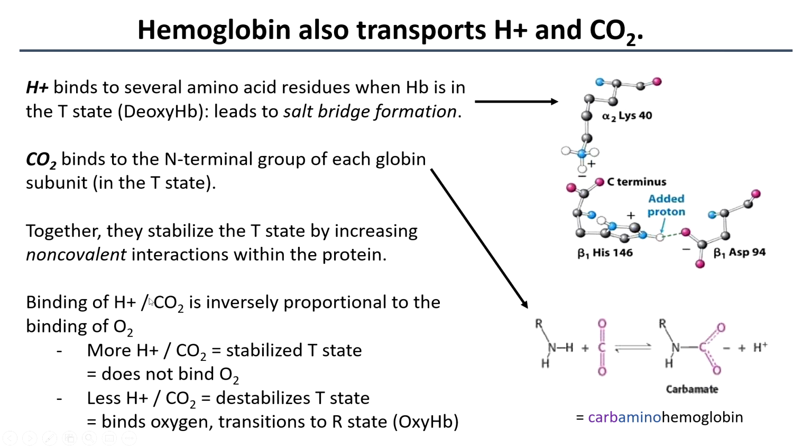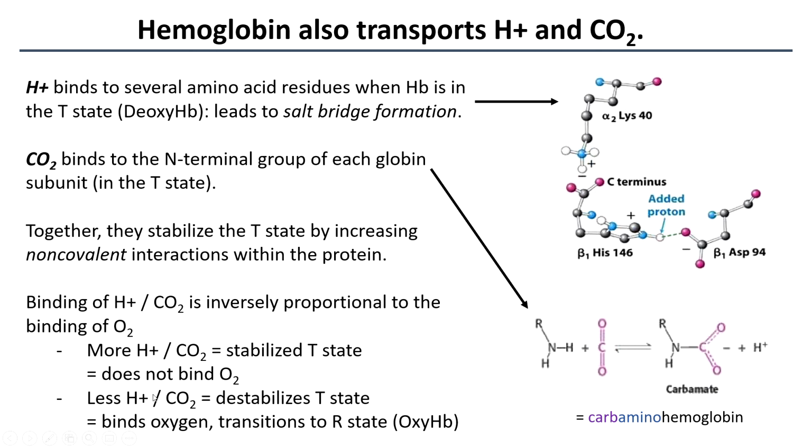This also means that binding of hydrogen ions and carbon dioxide is inversely proportional to the binding of oxygen. And so if there's a higher concentration of hydrogen ions and carbon dioxide, they will bind more readily and stabilize the T state, and then it's therefore not capable of binding oxygen anymore.